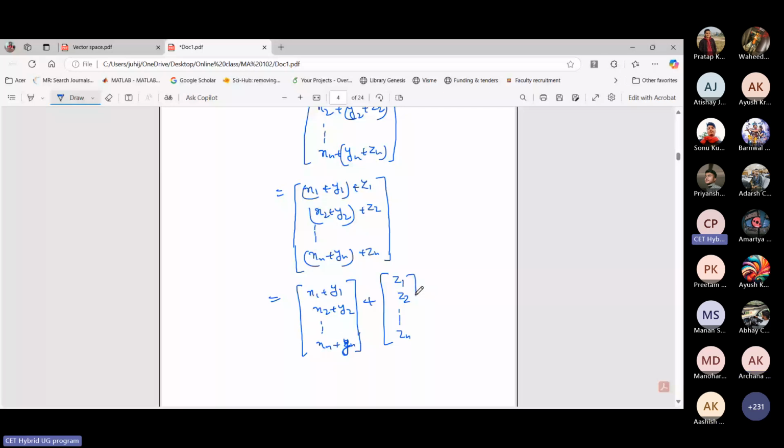And can I write this as x plus y plus z? This is true. So associativity with respect to vector addition holds.